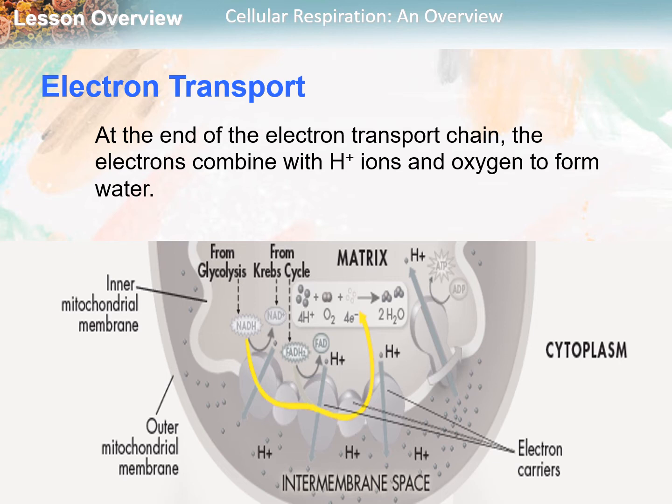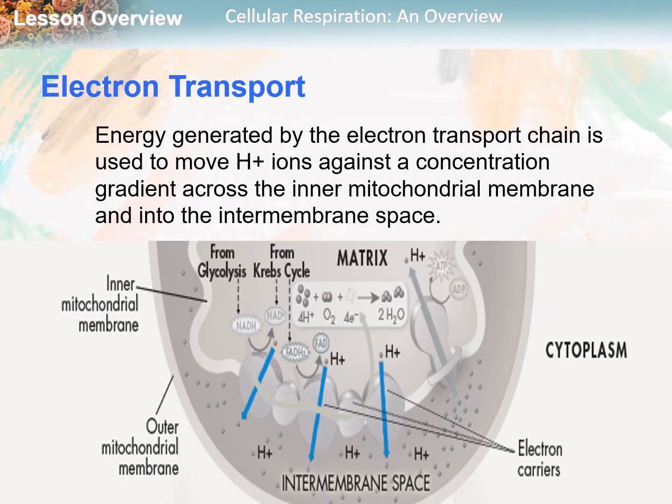If you're going to look at the arrow or the yellow line in which the NAD is being converted, the hydrogens from this NADH plus the oxygen and electrons have been converted into water. If you're going to look at the figure, this is the end product, which is water.